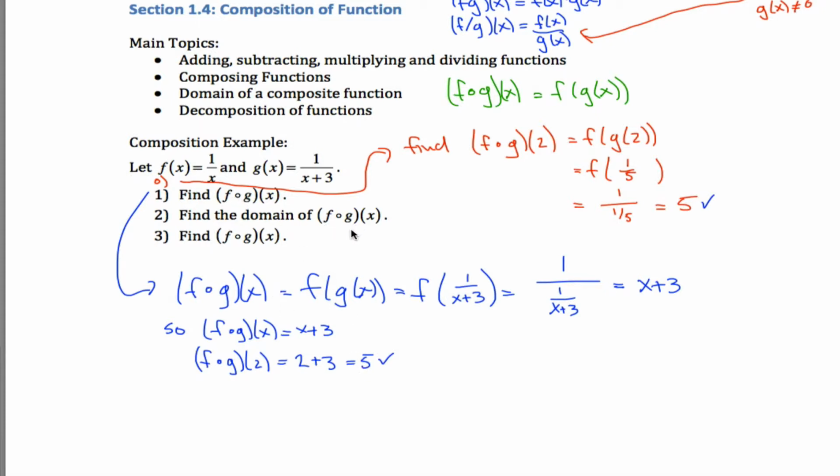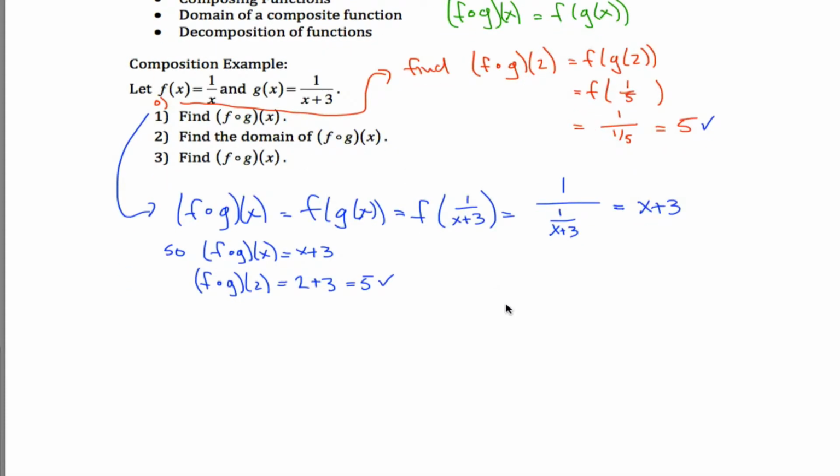So f of g of x is this guy. Find the domain of f of g of x. It's kind of an interesting question. What you need to know is for the domain of f of g, you have to do two things. One, first check the domain of g. Yes, g.